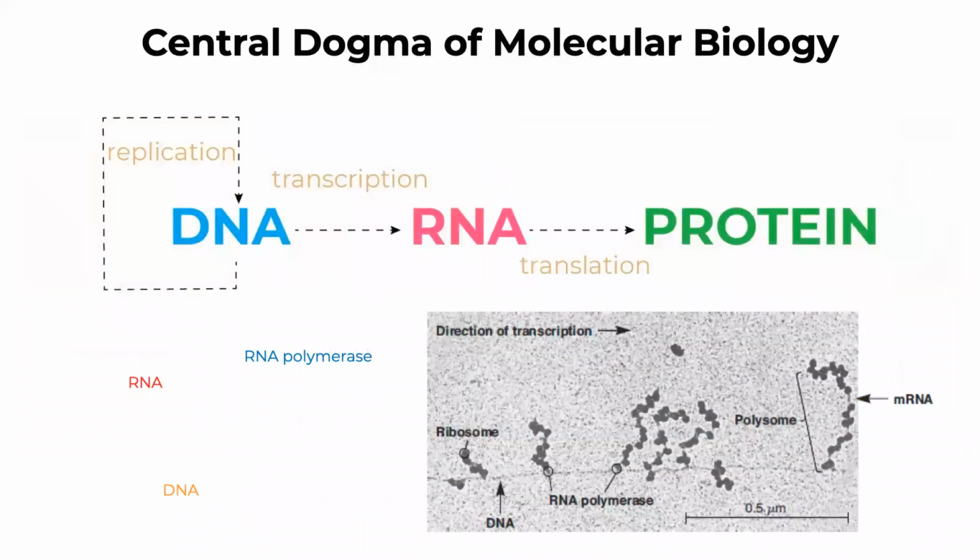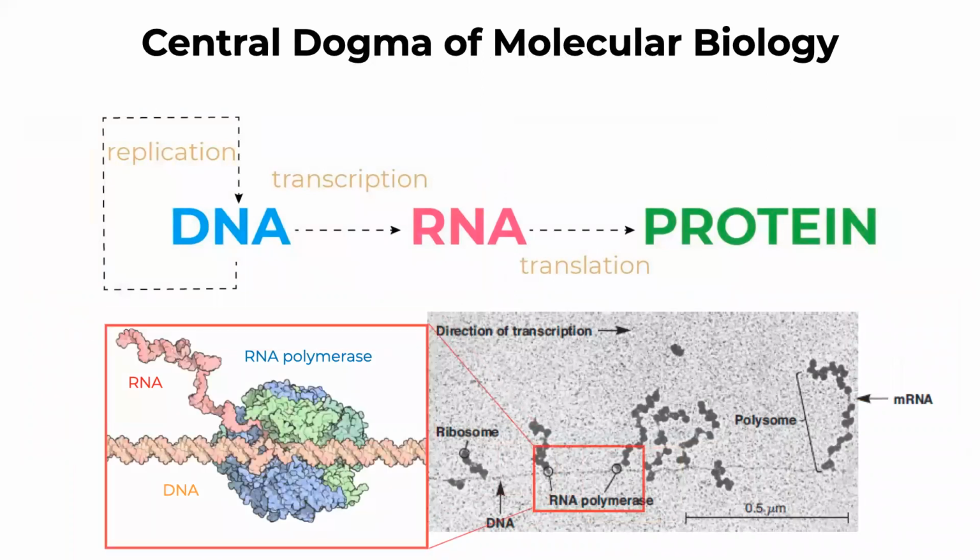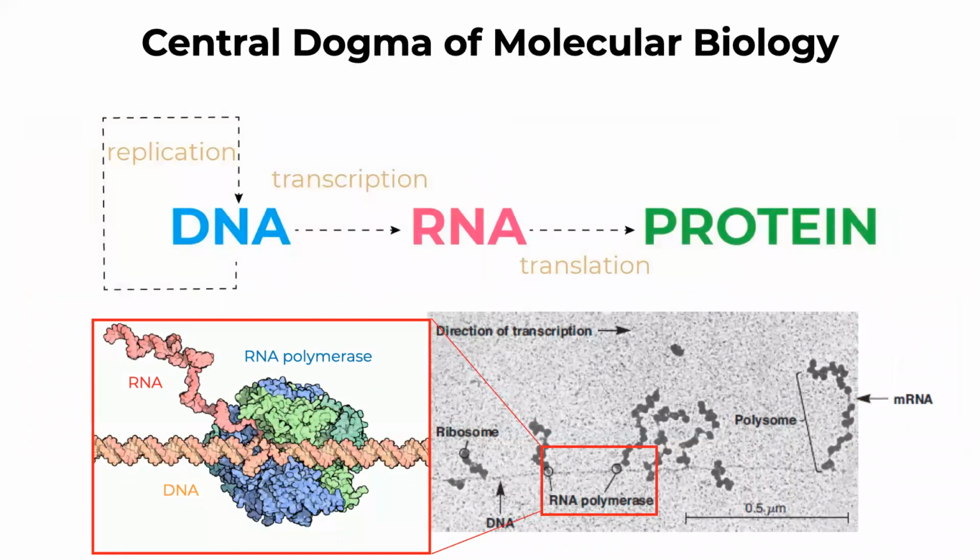So when we talk about this kind of data, we're talking about the central dogma of molecular biology, which states that DNA is transcribed to RNA, which is then translated to protein. So what you can see here on this cryomicroscopy image is the DNA strand right here.